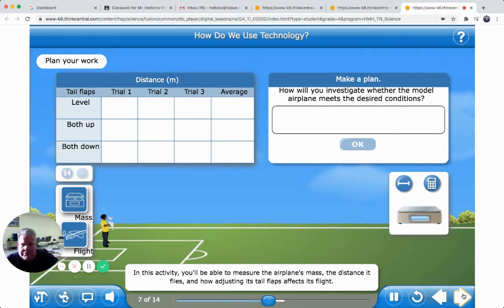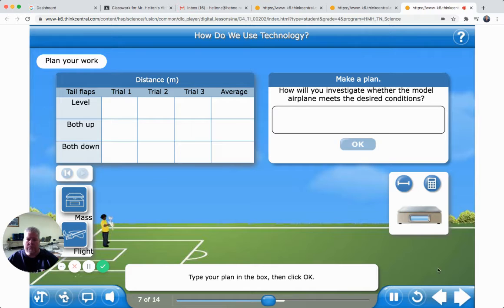In this activity, you'll be able to measure the airplane's mass, the distance it flies, and how adjusting its tail flaps affects its flight. How will you investigate whether the model airplane meets the desired conditions? Type your plan in the box, then click OK. Okay, well, first we're going to need to check different masses.